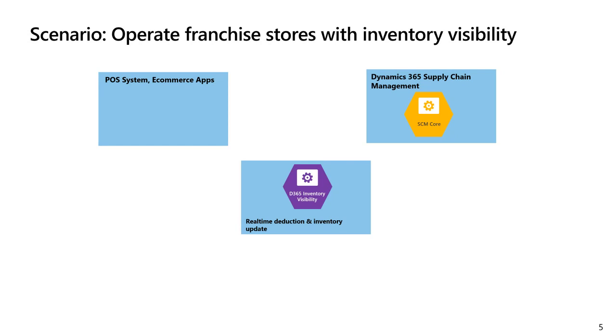We also have an external system, for example, the point of sale system, and then you can see the inventory visibility microservice in between. The store sells sandwiches, for example, and the original stock for the sandwiches is 100. This is synchronized into inventory visibility during the default integration.